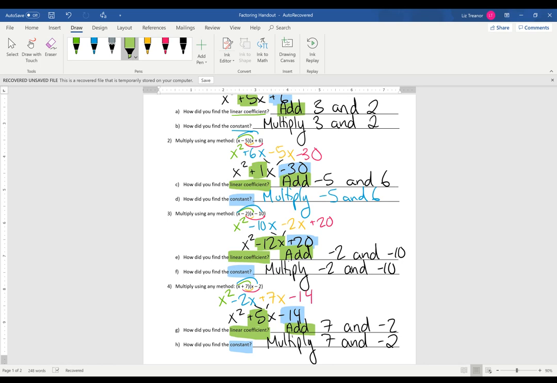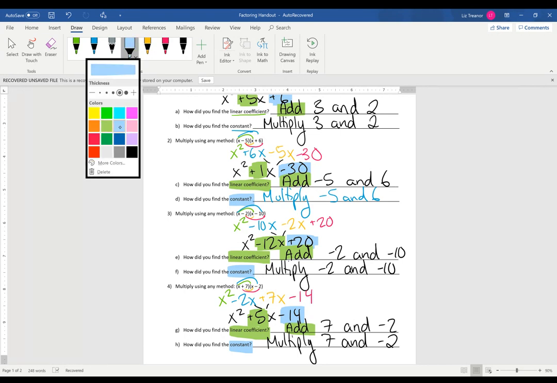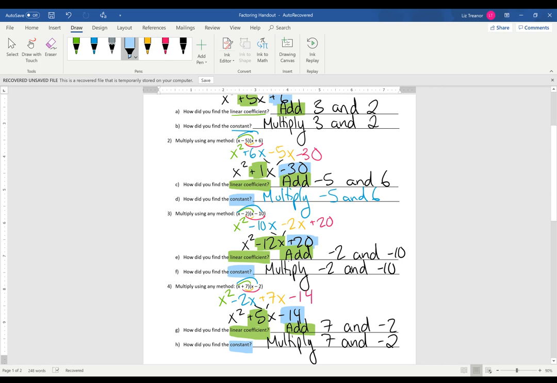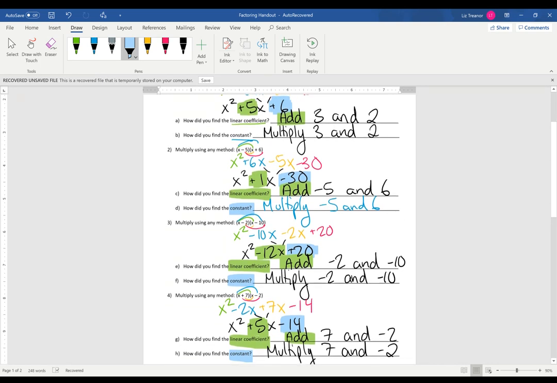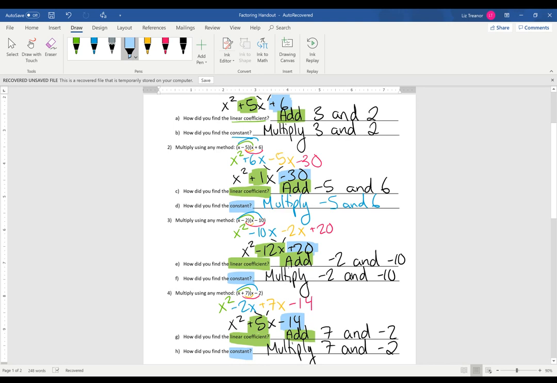In each question, we added the two numbers that are in the binomials to get the linear coefficient, or to get b. And similarly, how did we find the constant in each one? These are our blue ones. For each constant, we multiplied the numbers in the binomials.